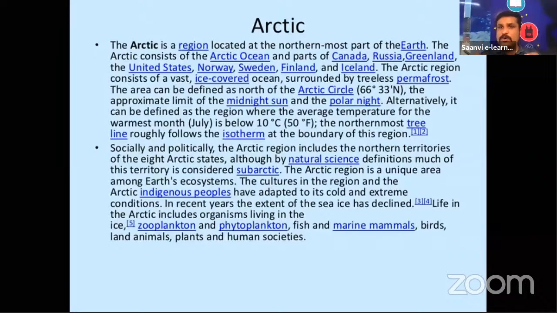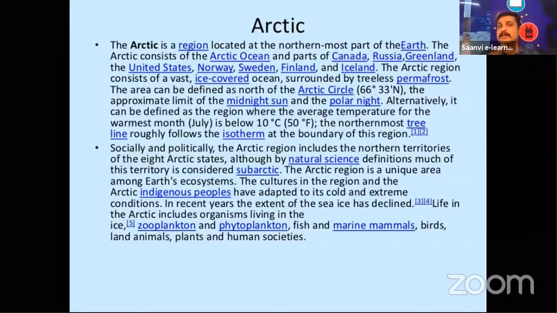Due to cold, the water forms in the form of ice blocks. Okay, that process, and the area can be defined as north of Arctic Circle, 66 and a half degrees north direction. The approximate limit of the midnight sun and polar night, that already we have discussed.